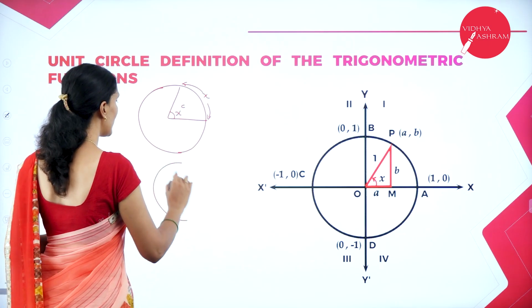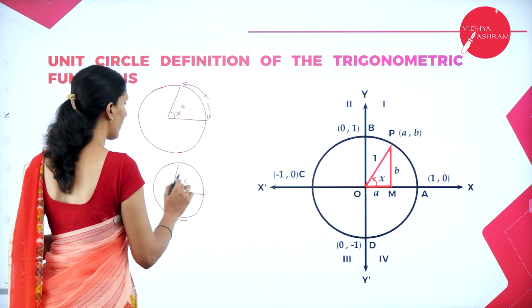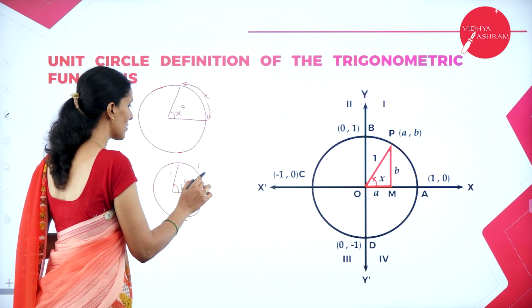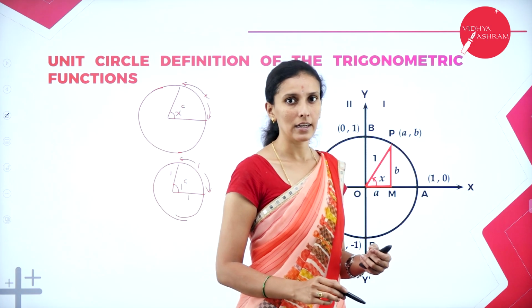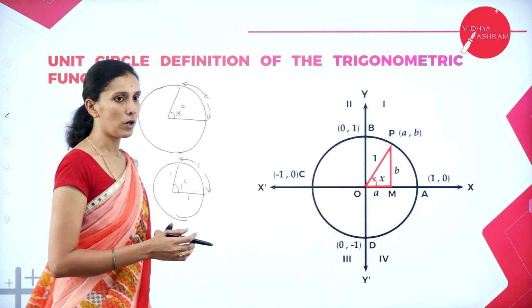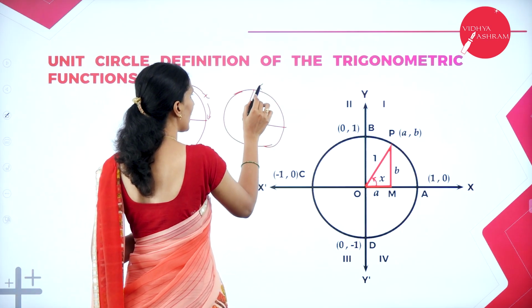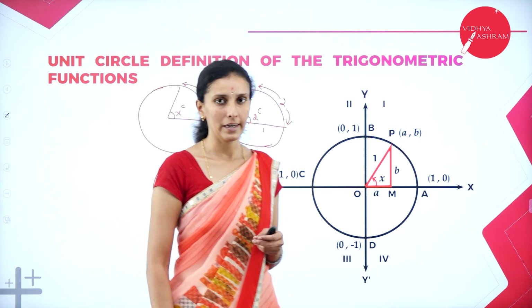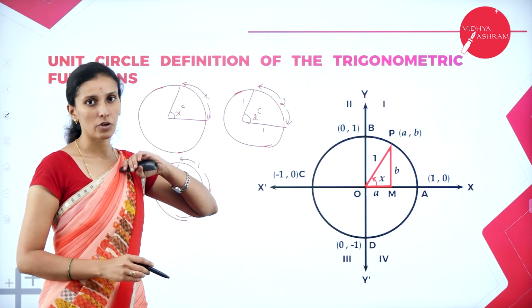For example, 1 radian means an angle inside the circle whose radius is unit length and the arc length is also 1. Suppose you have 2 radians, then the arc length is also 2 with 1 unit of radius. This is how we define a radian, and we will take angles in terms of radians.